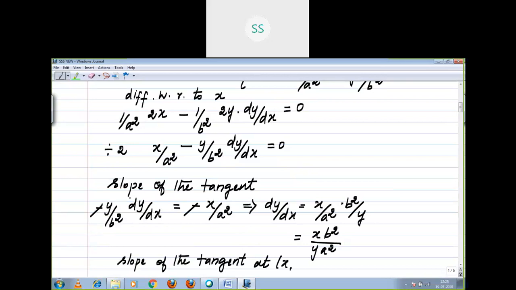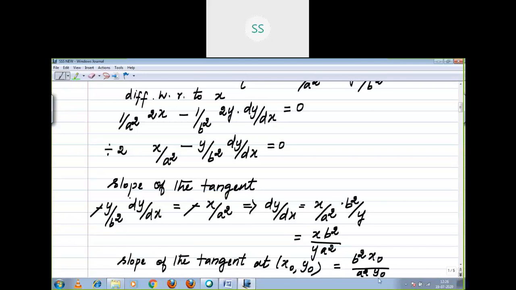That means you have to replace x by x naught and y by y naught, which is equal to b square x naught divided by a square y naught. This is your slope of the tangent.